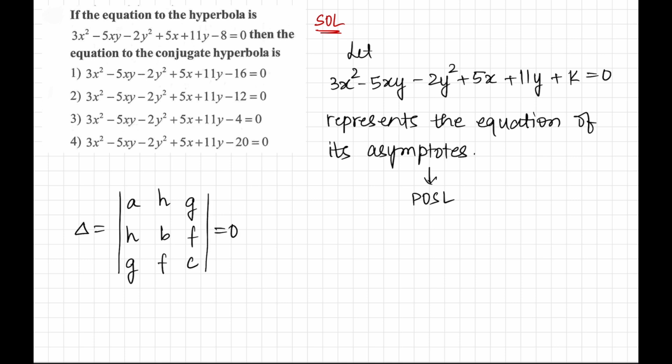So if we put in the values of all these letters, we get delta is equal to the determinant 3, minus 5 by 2, 5 by 2, minus 5 by 2, and so on.